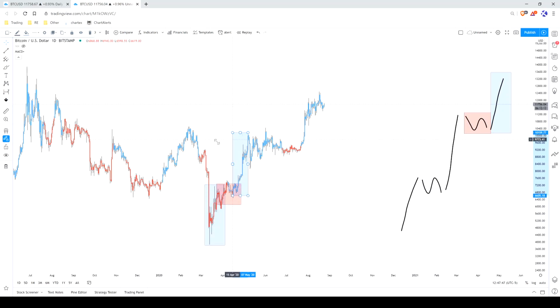This move by itself made a new trend. The low here, higher low here. If we extend that line, that gives us a trend that broke right here. And we made a large corrective wave behind that.